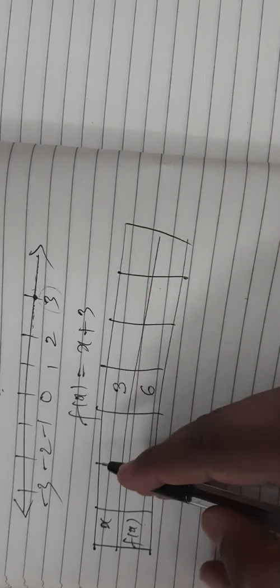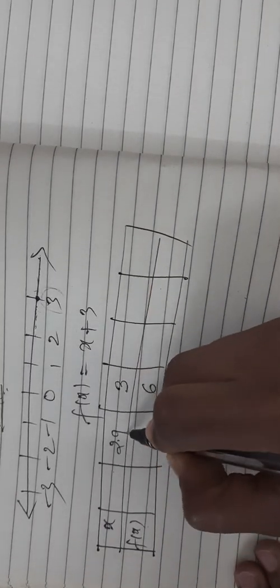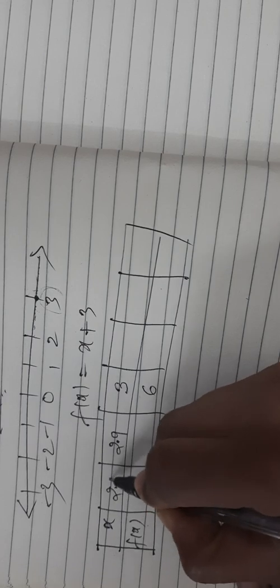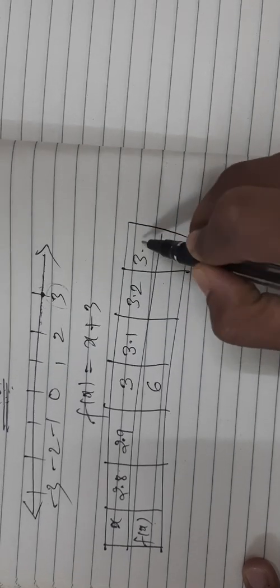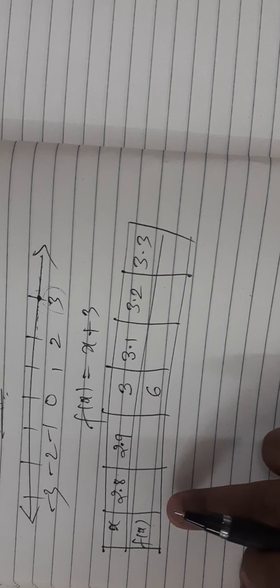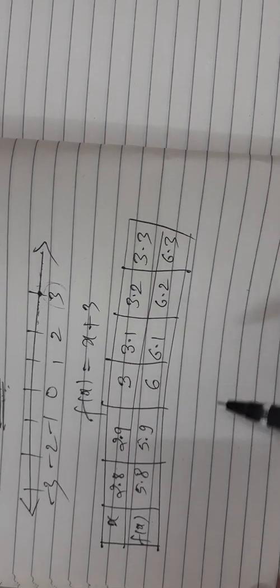Now before 3, at 2.9, 2.8, and after 3, at 3.1, 3.2, 3.3, we'll find the value of the function at these points. So for these values of x, these are the values of f of x.